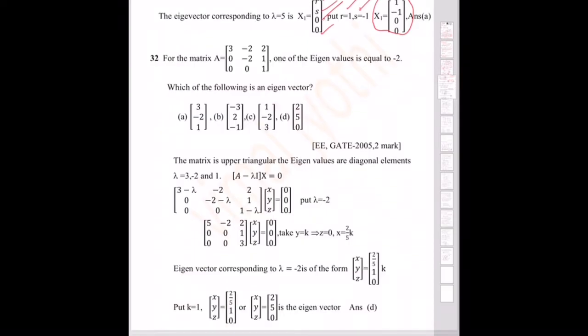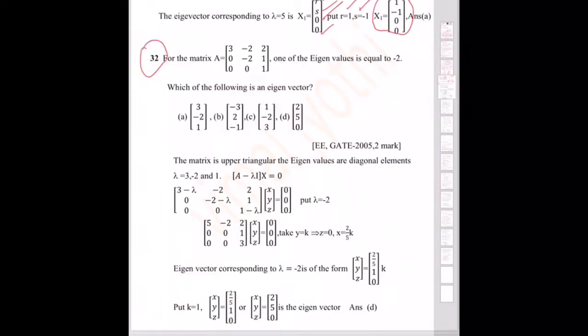Then problem 32. For the matrix A, one of the eigenvalues is equal to minus 2. Which of the following is an eigenvector? This given matrix is upper triangular, so the eigenvalues are the diagonal elements.